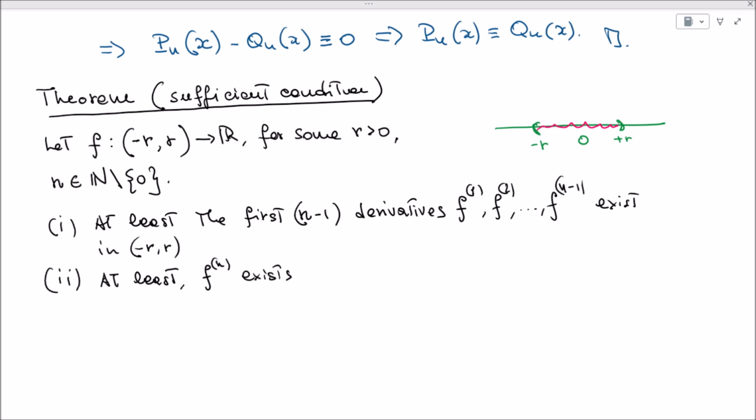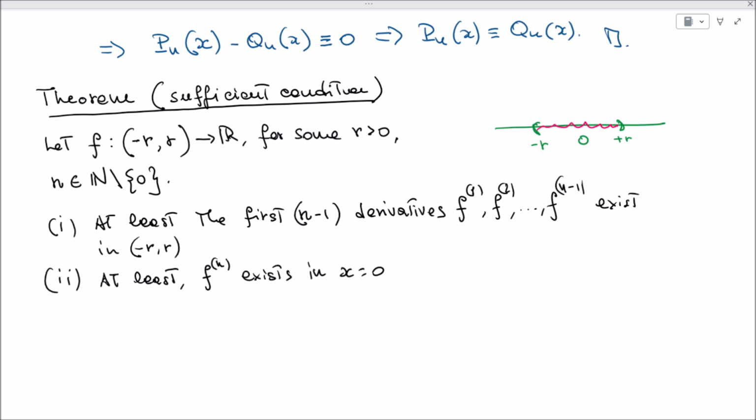Now, we are not requiring that the nth derivative exists in the entire neighborhood, but only in x equals 0, in the origin. So we are asking that the first n minus 1 derivatives exist in the entire neighborhood of the origin, but only the nth derivative exists in x equals 0.